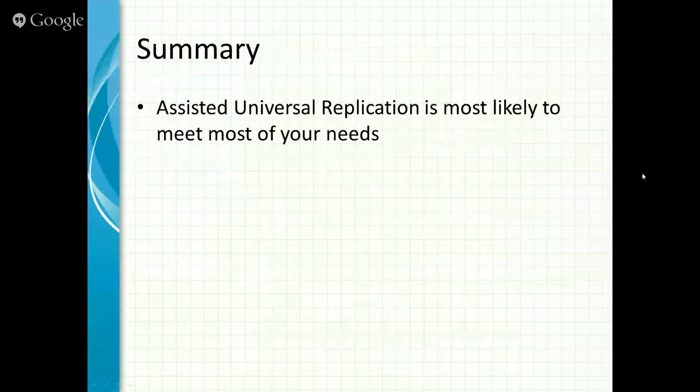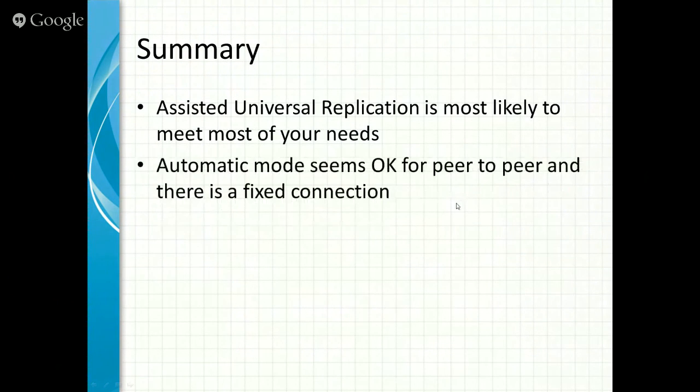So, in summary, the assisted universal replication is most likely going to meet your needs for most applications. The automatic mode's okay if you're doing peer-to-peer and there's a fixed connection.